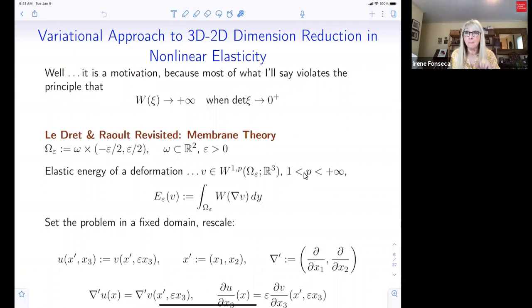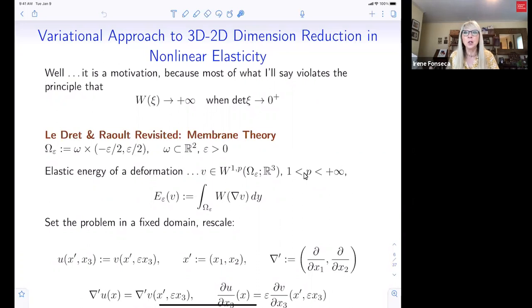And a disclaimer: most of what I'm going to say, although I claim it is for nonlinear elasticity, it's not. Why is it not? Because in nonlinear elasticity, this condition we know is fundamental: non-interpenetration of matter. Your energy should explode when the Jacobian, when the determinant, goes to zero.